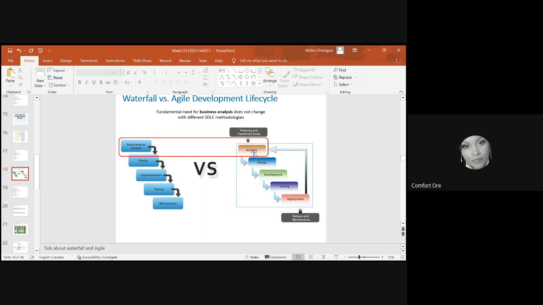However, for agile environments, you understand what the issue is, you do a design. If the design doesn't work, you can actually go back and do further analysis. You can get to a development stage and it's not working, and then you go back to do an analysis.